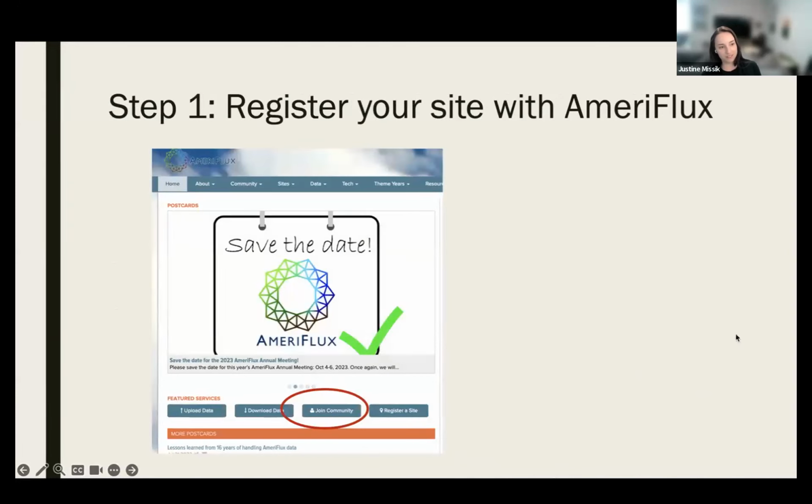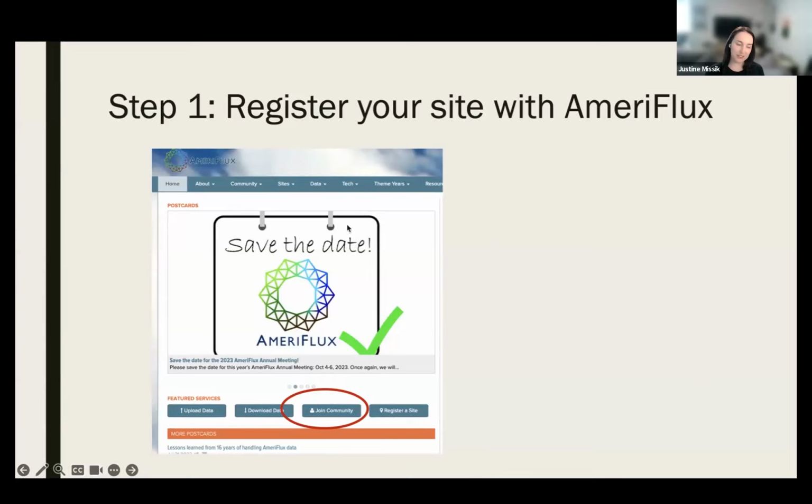So if you are working at a site that's not yet part of the AmeriFlux network, the first step would be to register your site with the network. You could do this before you're ready to actually submit any data, and it's really a pretty easy process.